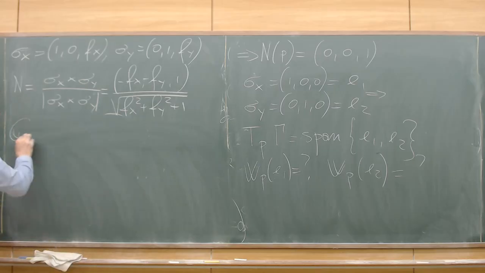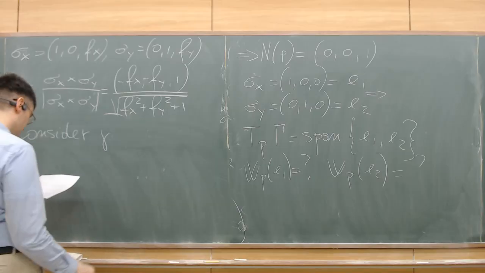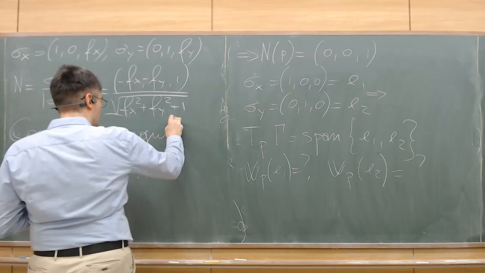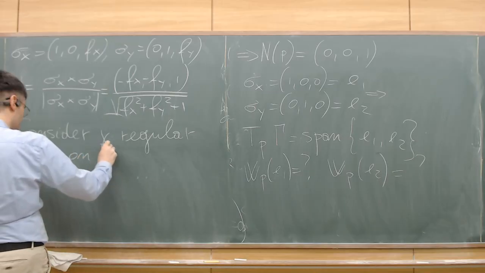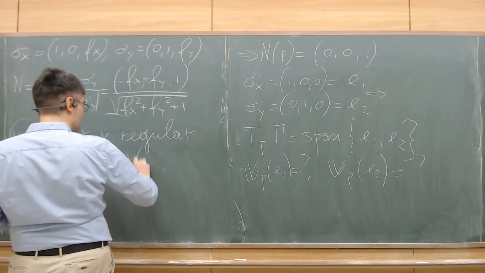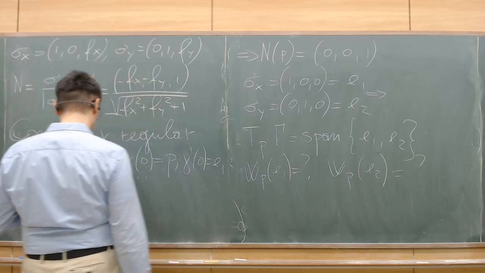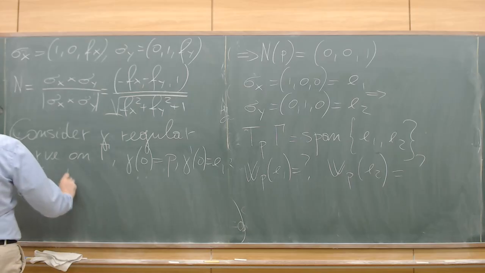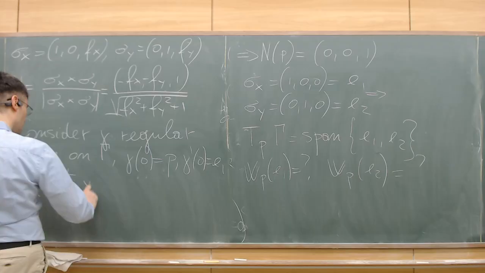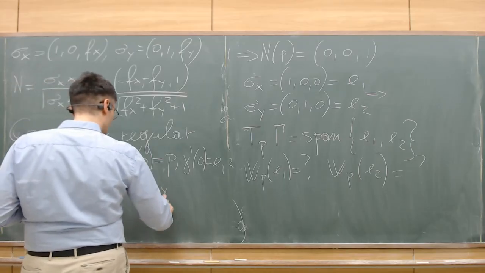We consider a regular curve on gamma such that gamma of 0 is P, gamma prime of 0 is E1. So for example, gamma of t equals x0 plus t, y0, f of x0 plus t, y0.